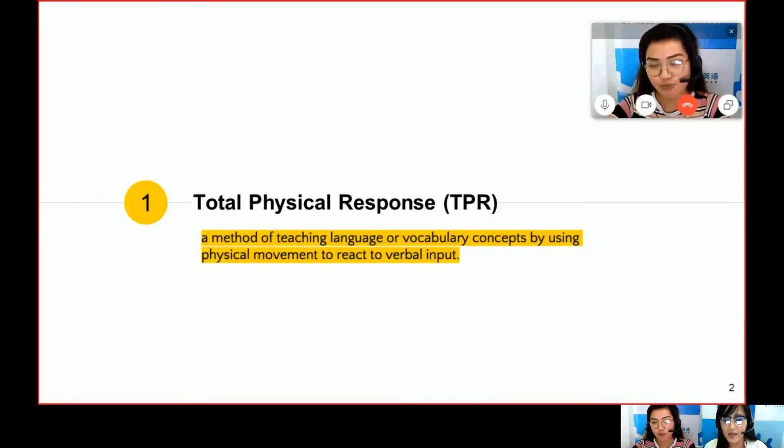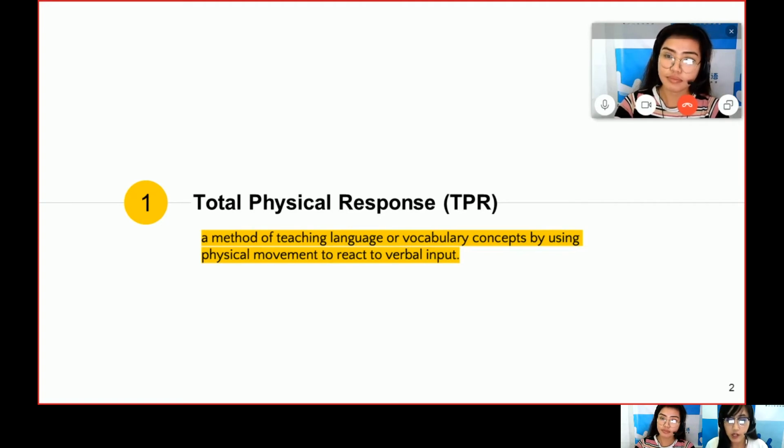So demo tips first. We'll start with Total Physical Response. We usually call it TPR for short. TPR is the method of teaching language or vocabulary concepts by using physical movement to react to verbal input.